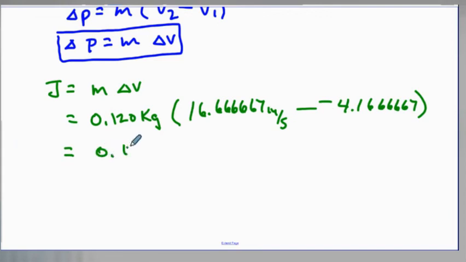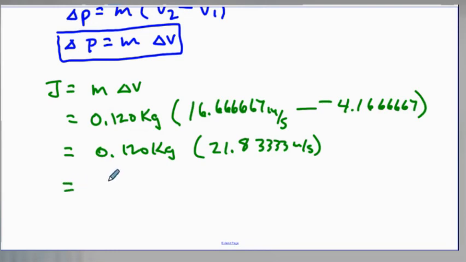So I've got 0.120 kilograms being multiplied by 21.83333, etc. meters per second. Okay, so just watch the signs.